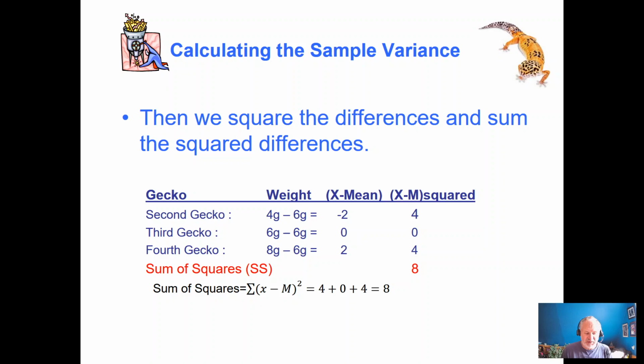I take that sum of squares for the sample variance, and I divide it by n minus 1. And as you can see in the formula down here, so here's the 8. I divide by n minus 1, which is 3 minus 1, which is 2. 8 divided by 2 equals 4.